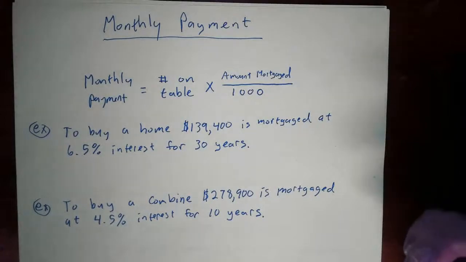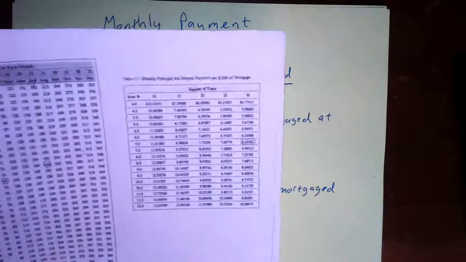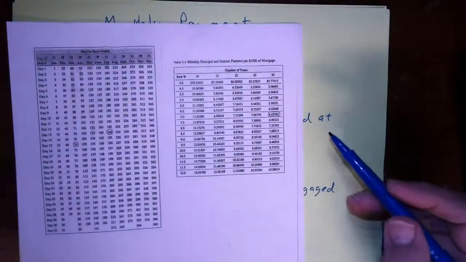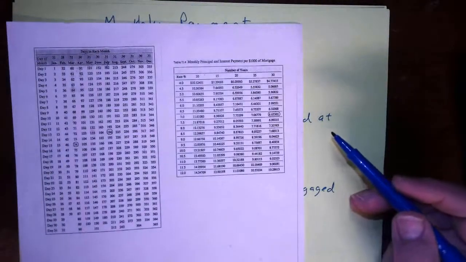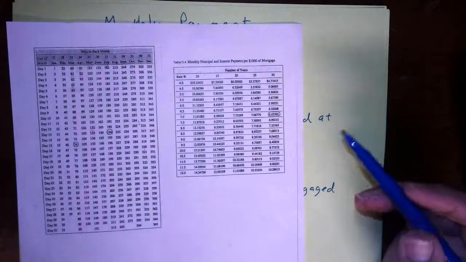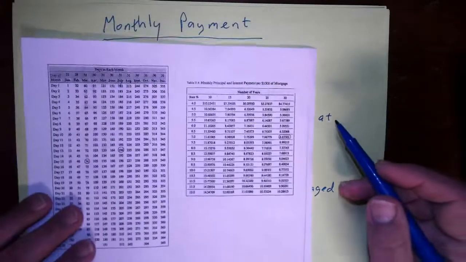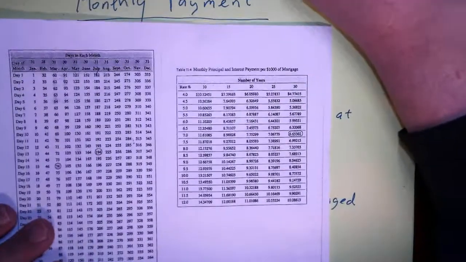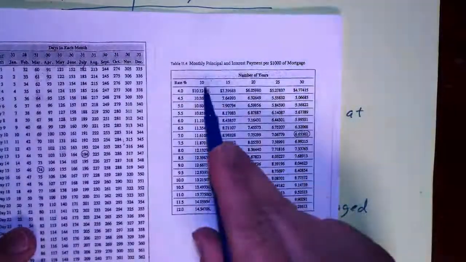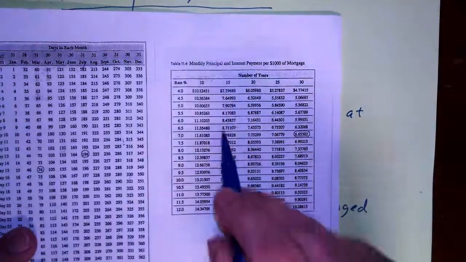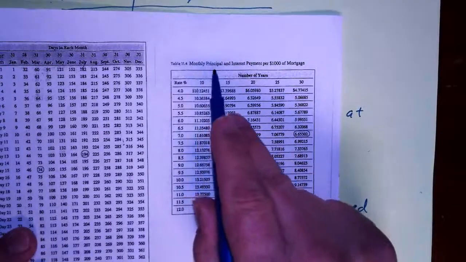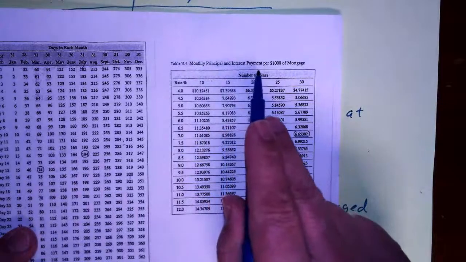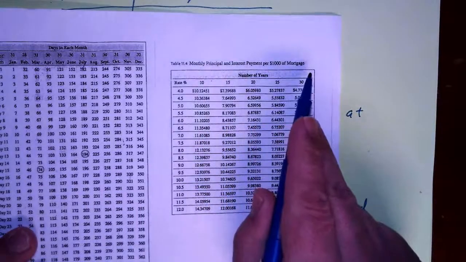So what we're going to do is learn how to use this table here. So this is the mortgage table. We're going to use this table to help us figure out what the monthly payment's going to be. If you look at the top of this table, it says the number here gives you the monthly principal and interest payment per $1,000 mortgaged.